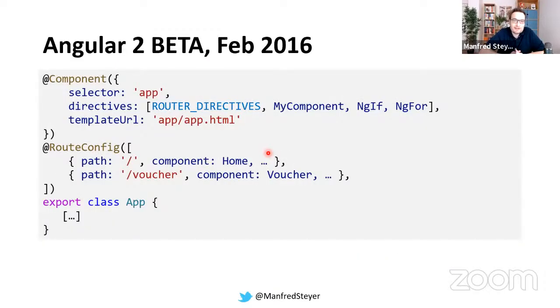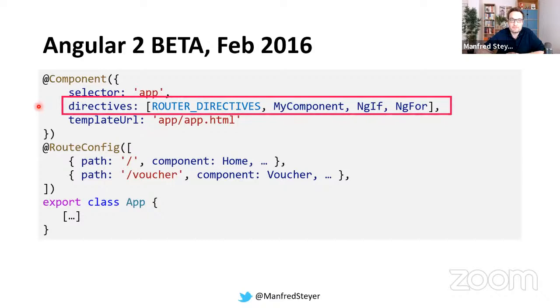Some months later, more or less 2 years later, to be more precise, we already had a beta version of Angular 2. And this here is from a workshop I did back then. And you see in this beta version, the router config was connected to the component itself, in this case to the app component. Plus we had this directives array here. In the middle of the component decorator, we had this directives array.